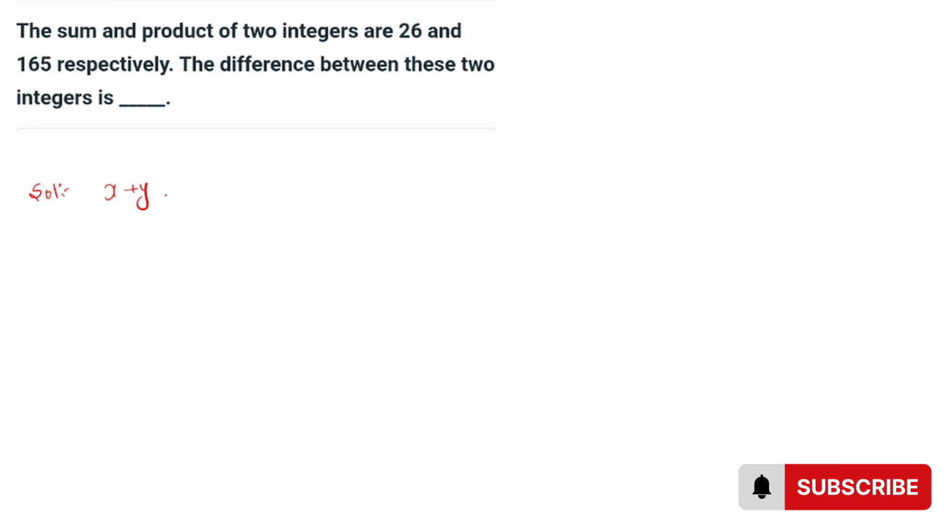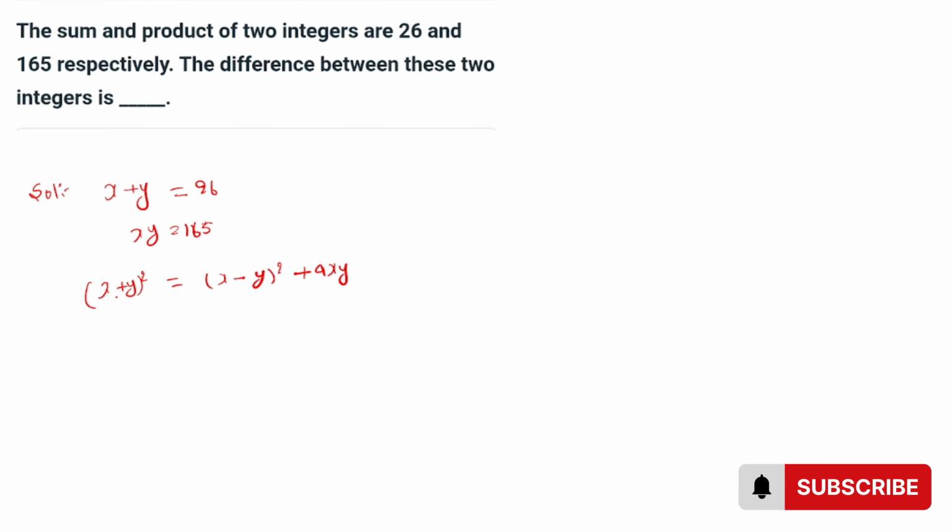Let's say the two numbers are x and y. So x plus y is given as 26 and xy is 165. You can write like that: (x plus y) whole square equals (x minus y) whole square plus 4xy.